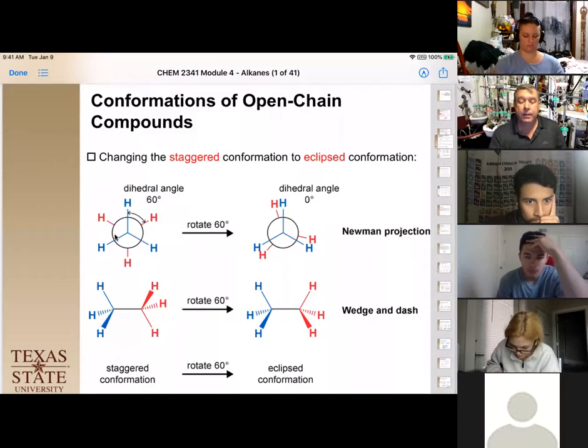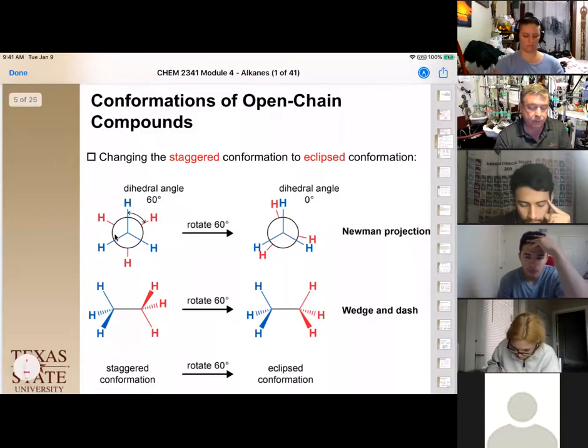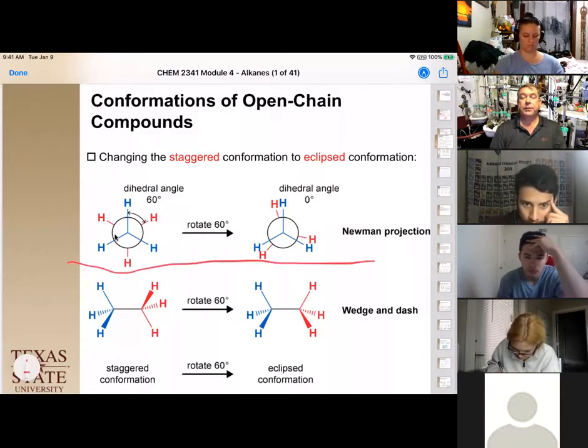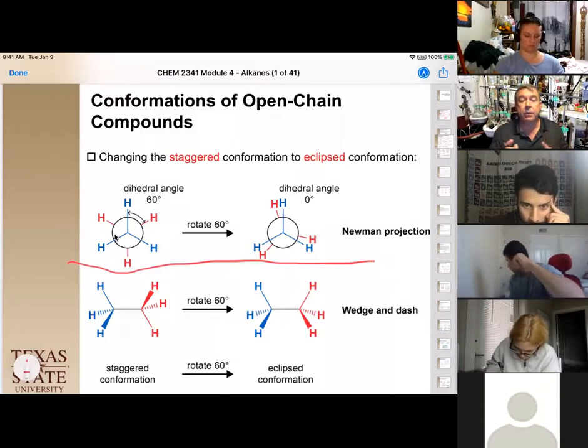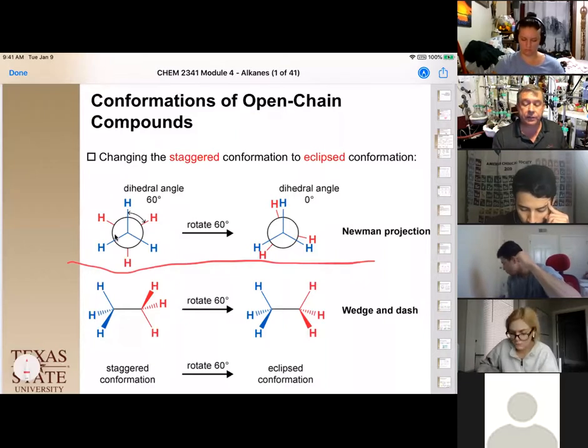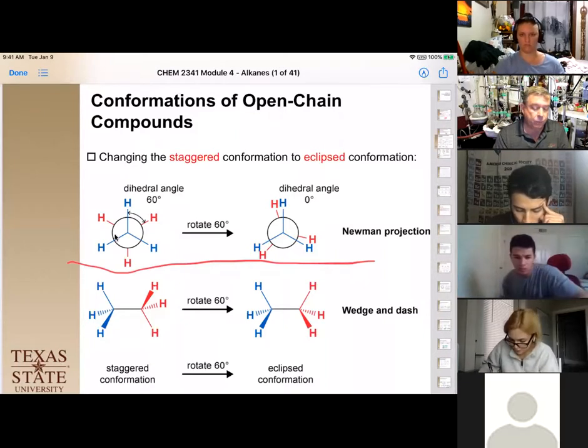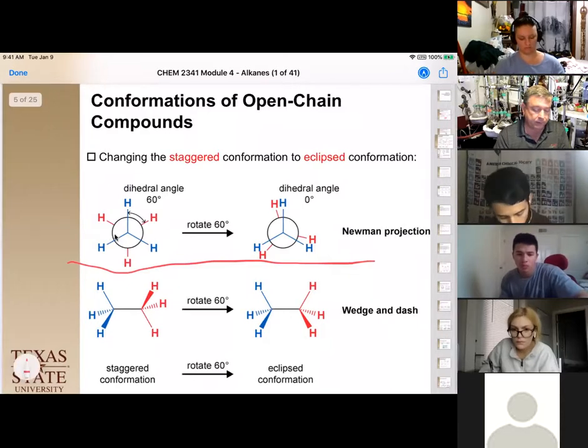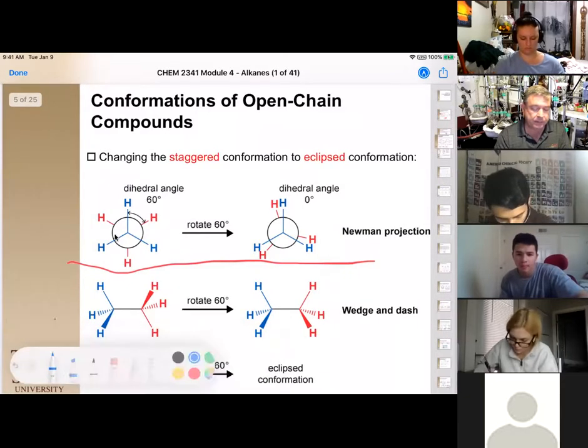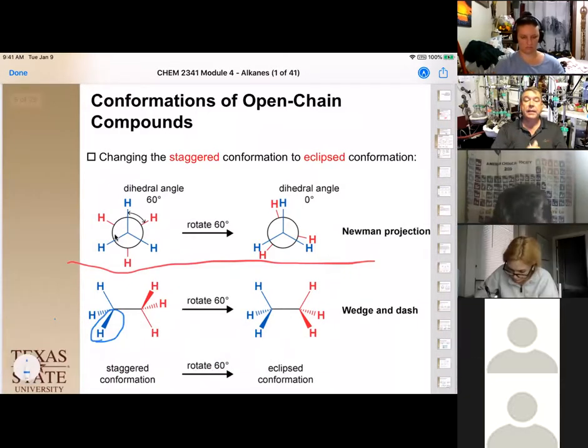Now, that's really easy to see when we draw it as the Newman configuration. Now, if we want to see the eclipsed form in that dashed and solid wedge configuration that we talked about before on drawing 3-dimensional structures, a solid wedge indicates it's sticking out of the plane of the paper.